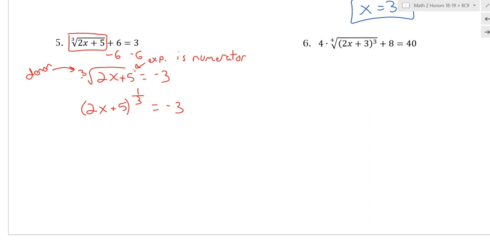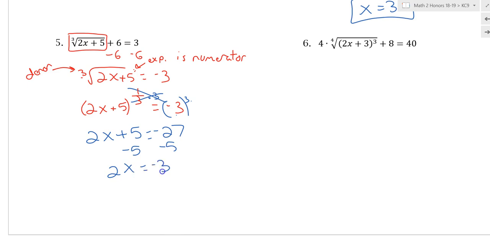Multiplying by the reciprocal of 1/3 is 3 over 1, or just 3. These cancel. So you have 2x plus 5 equals -3 to the 3rd is -27. You can always use a calculator. Subtract 5. And divide by 2. And that's it.